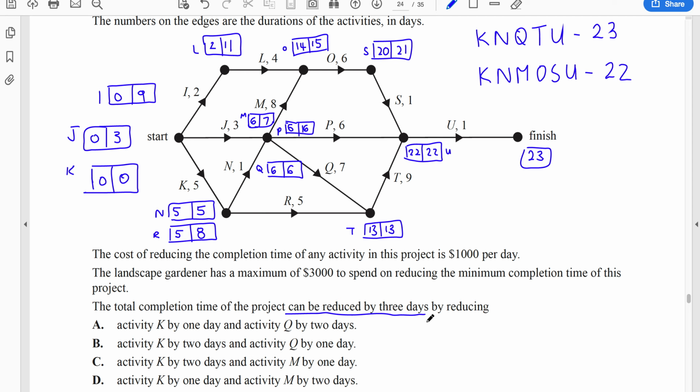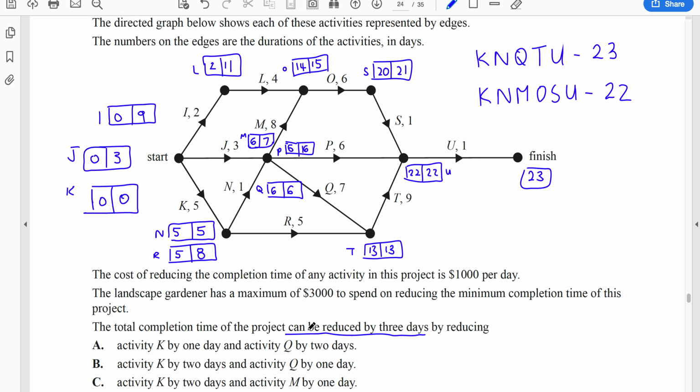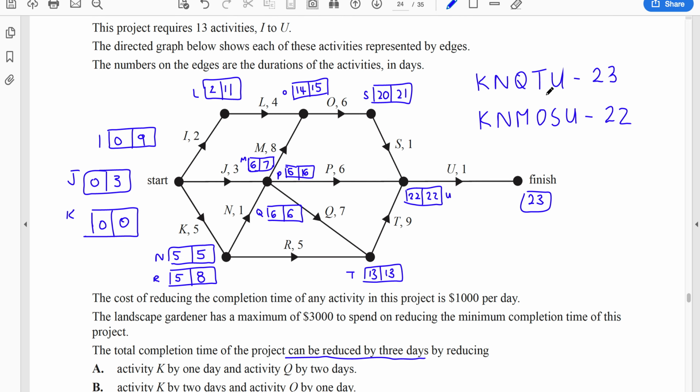Because from there, all we have to do is work out how you can do that. If you can reduce this minimum completion time, that means this path here, KNQTU, has to come down to a length of 20, because that is the critical path right now.